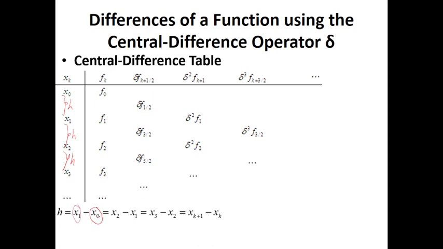Or should I say the preceding argument? We subtract the preceding argument from the successive argument. That is x sub 1 minus x sub 0. In this case, x sub k is the preceding argument and x sub k plus 1 is the successive argument.